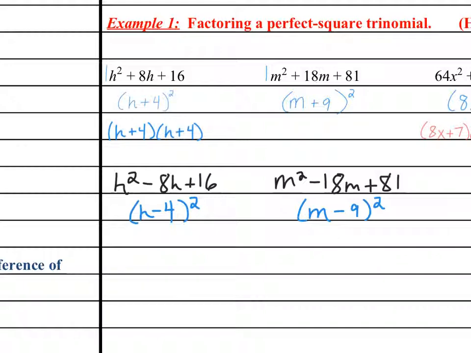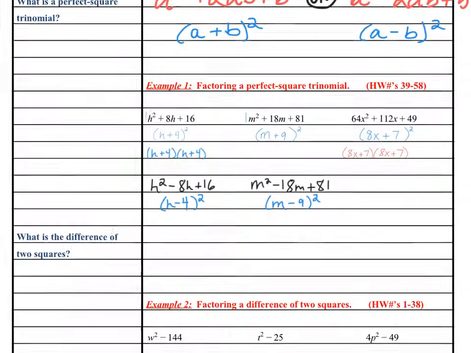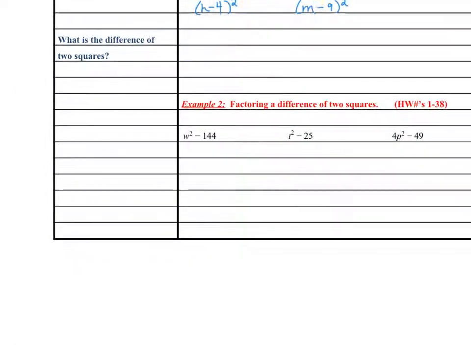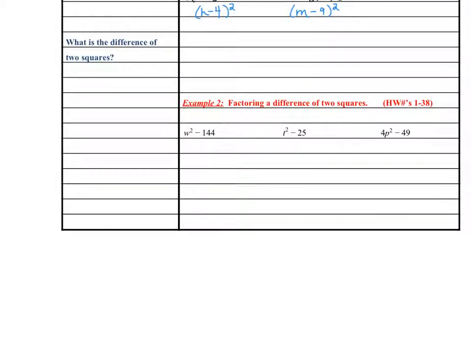Okay, moving on. Now the next one is difference of two squares. So that's the first shortcut. Here's the second. If it's a difference of two squares, it looks like this. It's going to be a squared minus b squared.